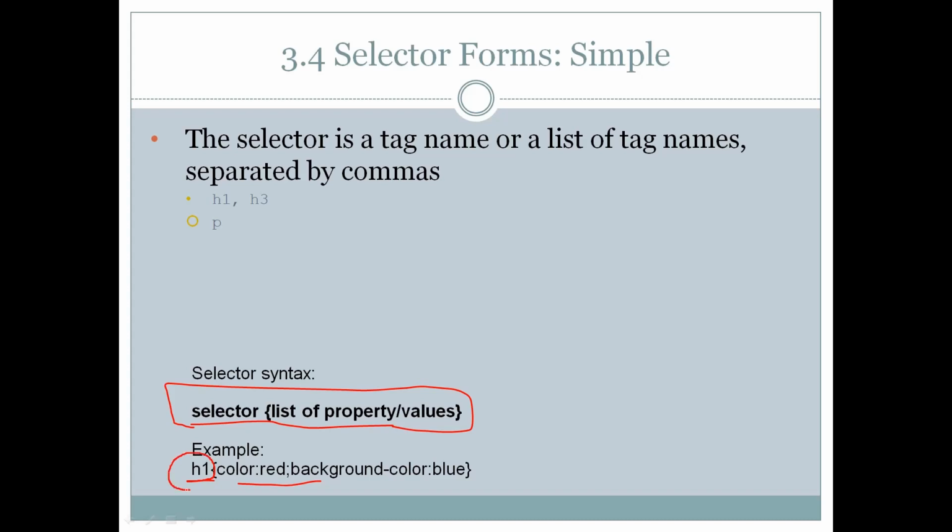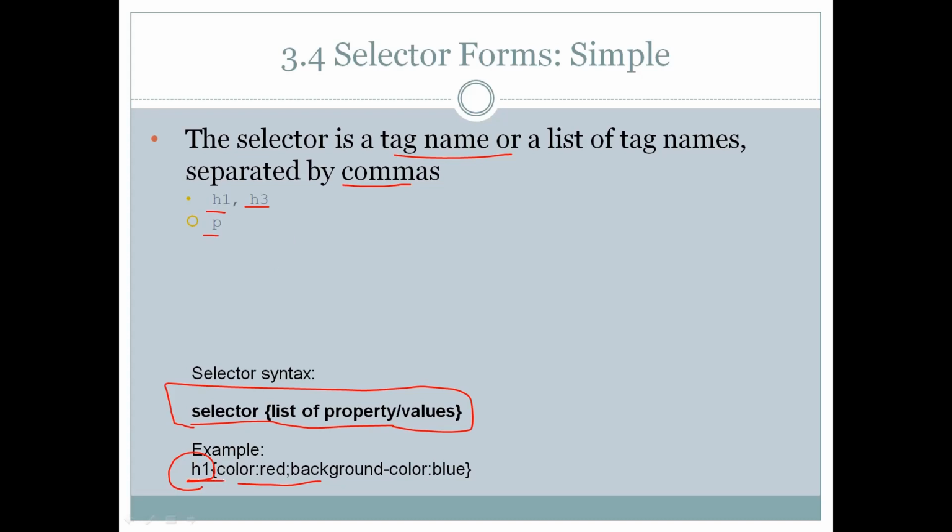But there can be different forms of selectors. This is a very simple selector, where we use a tag name or tag names separated by commas. So the selector, as I've said, is a tag name or a list of tag names separated by commas. You can see h1, h3 and p. These are simple selectors. If you want something to be applied to h1, you can declare it like this.